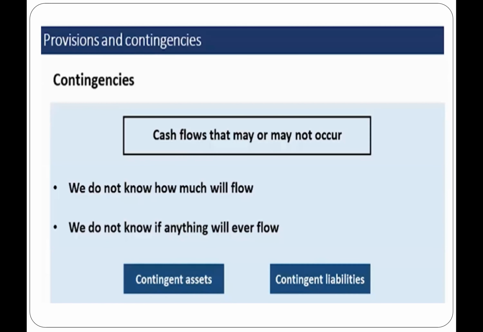Contingencies are different from provisions because they look at cash flows that may or may not occur. Remember, when you're talking about provisions, we know that the obligation is there. We know that cash is going to go out of the business at some point in future. We just don't know when, but it is definitely going to be an outflow.